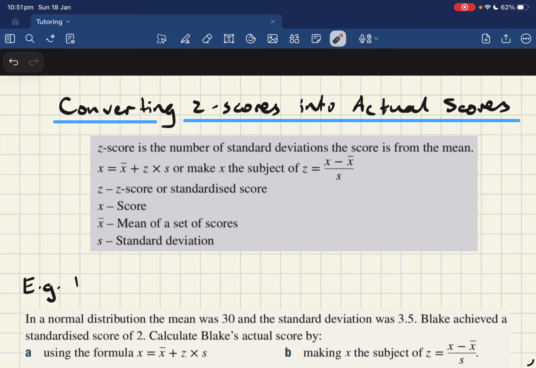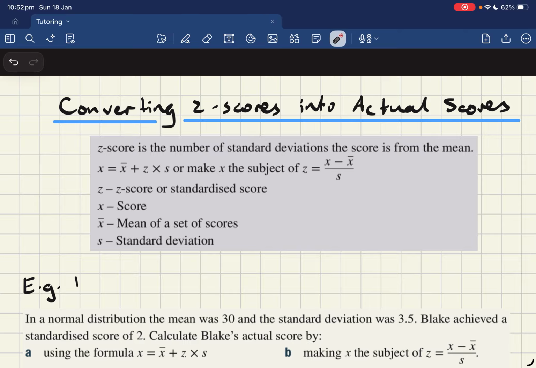So when we rearrange the z-score formula, this one here, and make x the subject, because we're trying to find the score, we want to systematically work from this right-hand side. Since it's dividing by s, we would first multiply by s.